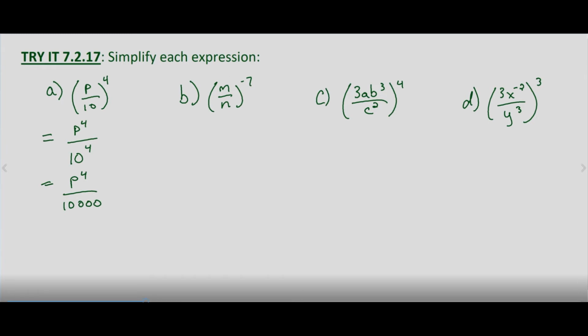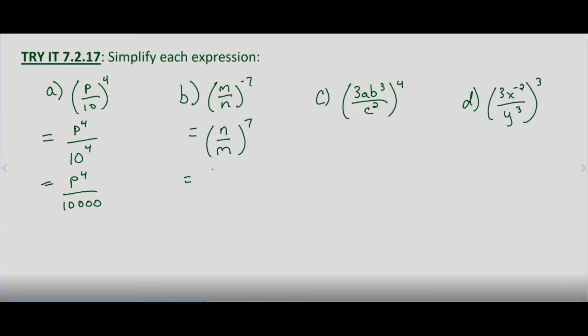With m over n to the negative seventh, we can do a couple things. We could apply this quotient to a power property, or we could apply a property that we've seen in the past, and that was that when we have a negative exponent and a fraction on the inside, we can swap the m and the n, take the reciprocal, and change the sign.